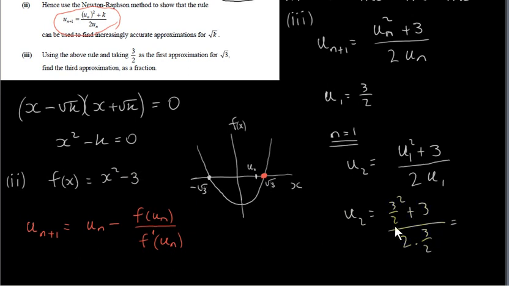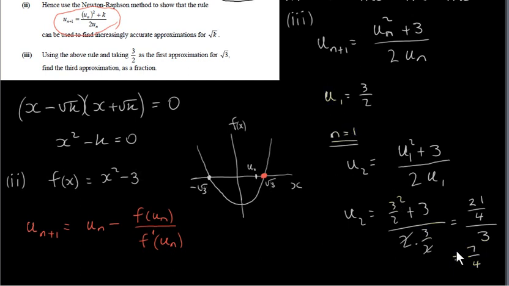So what we get here is 9 over 4 plus 3. What's that? We get 21 over 4 divided by 3. That's like 21 over 4 multiplied by a third, or 7 over 4. So that's the second approximation. In general, this is a better approximation than u1 is.